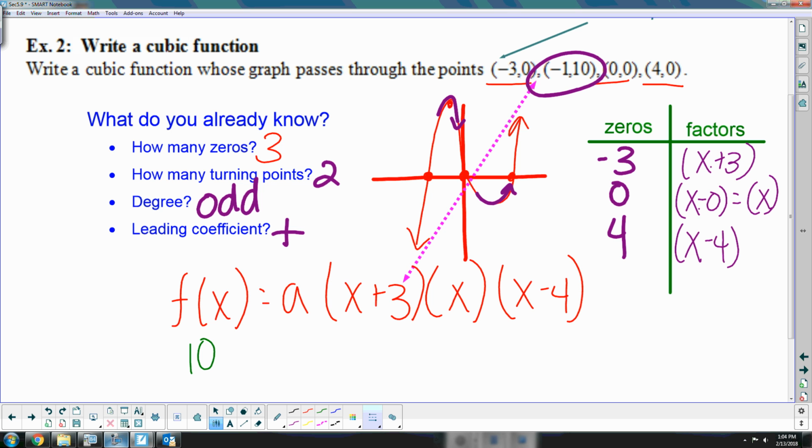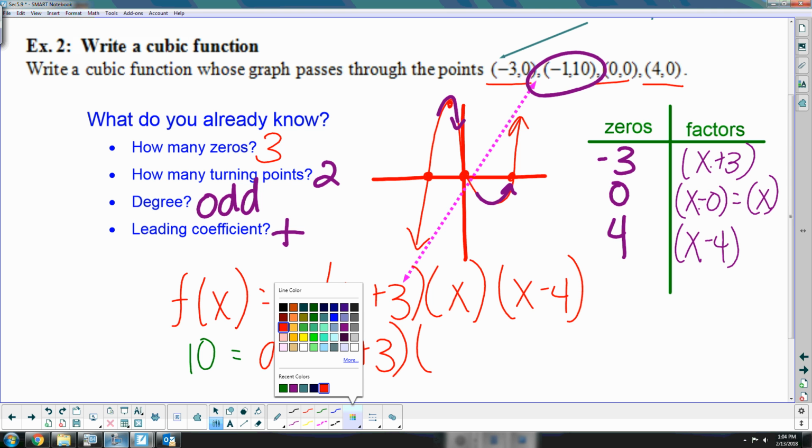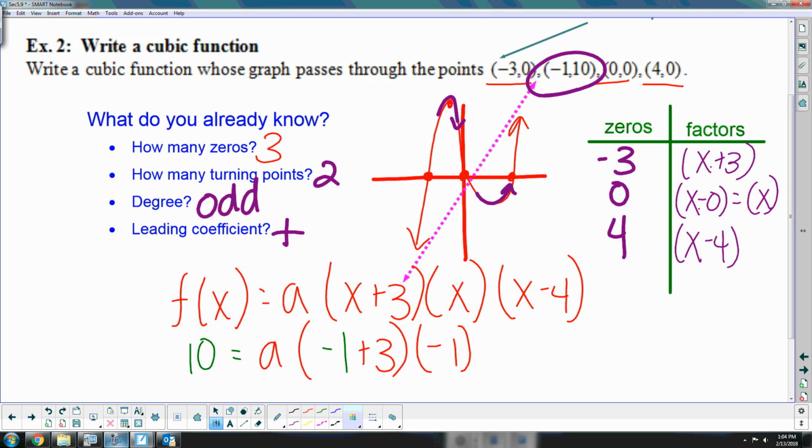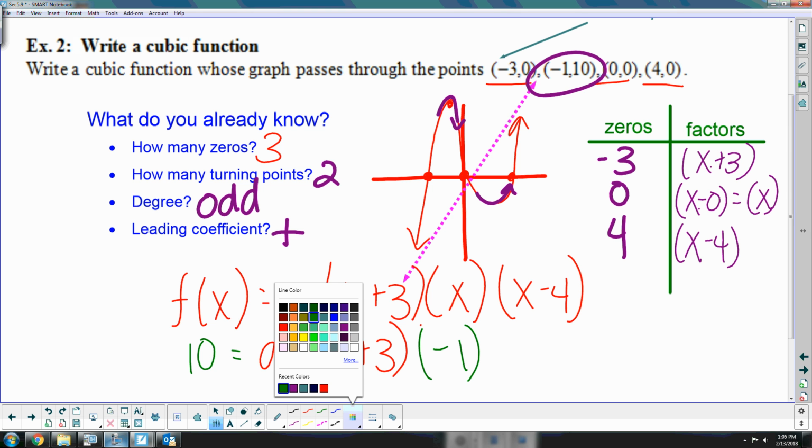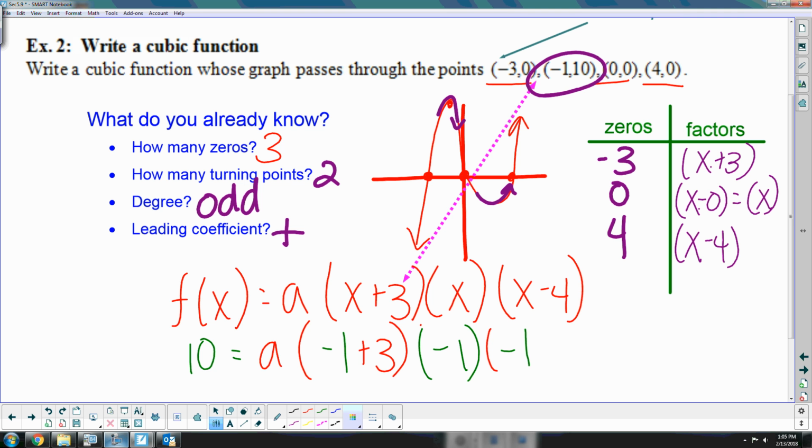So when y is 10, x is -1. So -1 plus 3 times -1 times -1 minus 4.